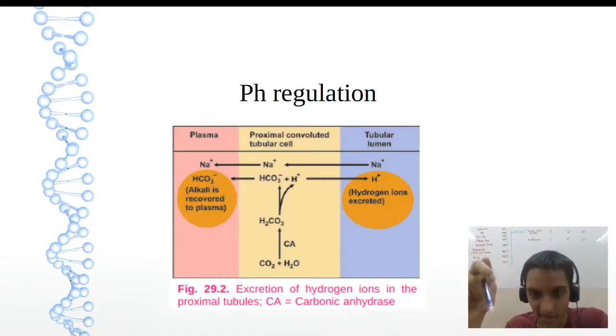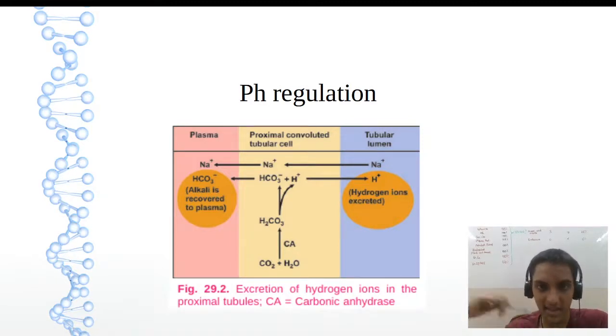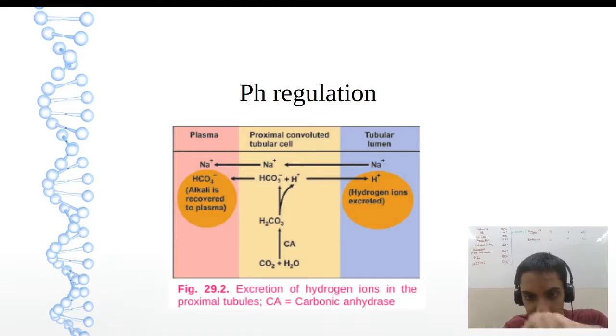You can see very well, sodium from the tubular lumen enters the plasma through the PCT. Then the CO2 and water in the PCT combine to form H2CO3 and ionic dissociation happens. H plus combines with the base in the lumen to form BH. That's how it's excreted.